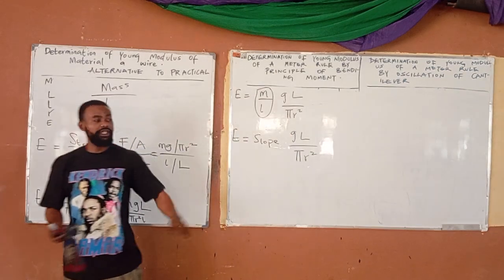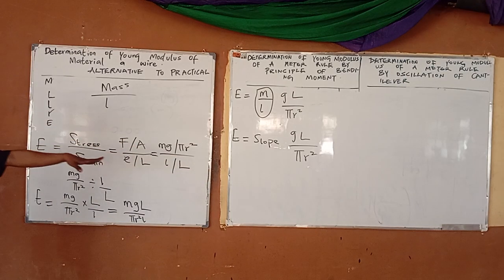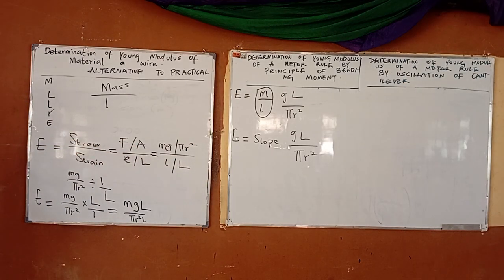What they did in this practical is simply a simple practical. It involves just Young modulus. As the load goes down, the wire extends; you remove it, you check. So it's not fully about bending moment.